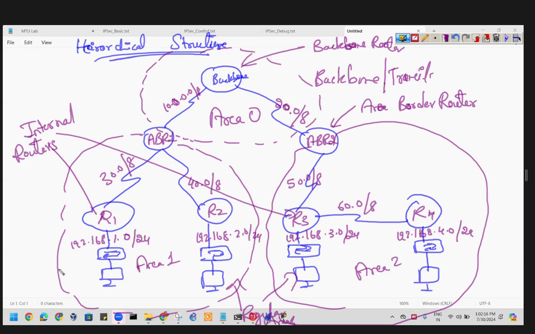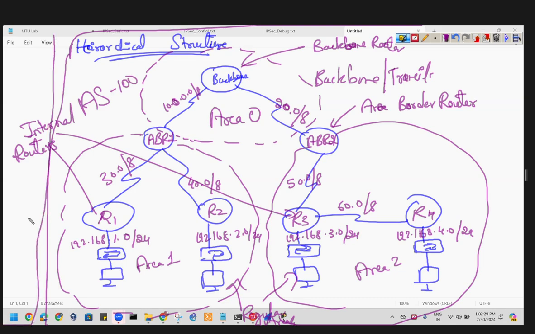Now let's suppose all these routers are in one autonomous system, AS 100. Now there is one more autonomous system. Consider this is another autonomous system, AS 200, and there is one router here that is connected to one router in this area.